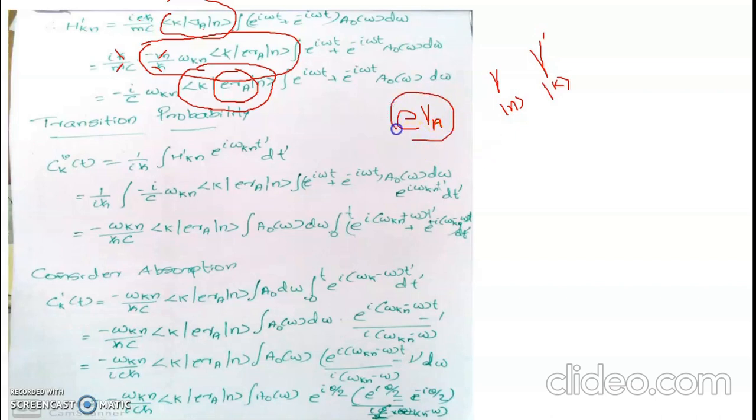So this operator is nothing other than the charge into the separation between the two charges, and this charge happens to be the electron compared with the positive charge of the nucleus. So this is nothing other than an electric dipole moment.